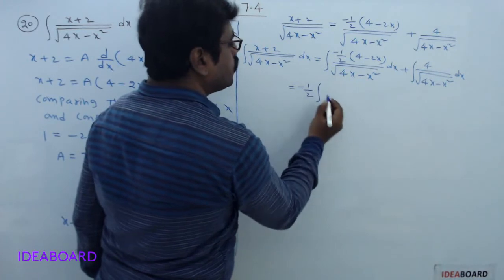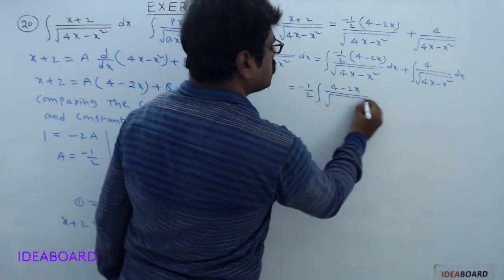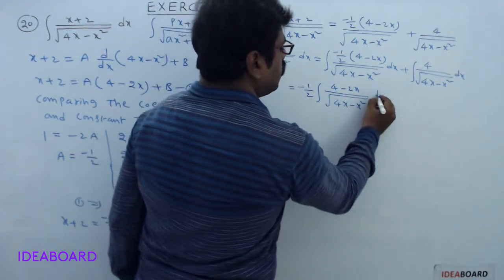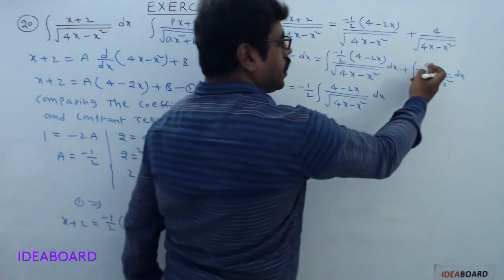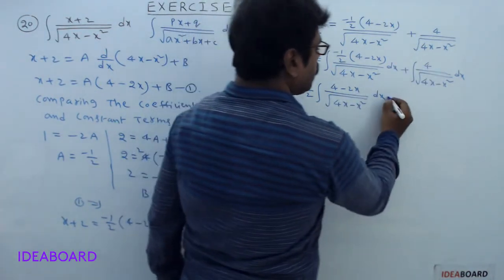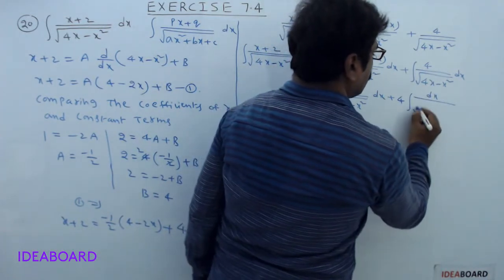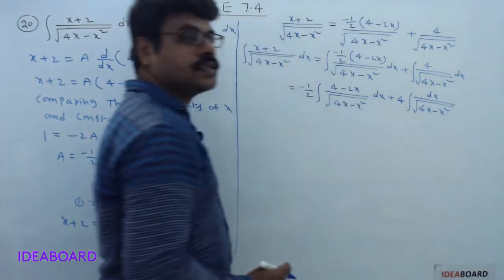Minus 1 by 2 into integral 4 minus 2x divided by square root of 4x minus x square dx. Here 4 is a constant term. So you can write it outside of integral plus 4 into integral dx divided by square root of 4x minus x square.